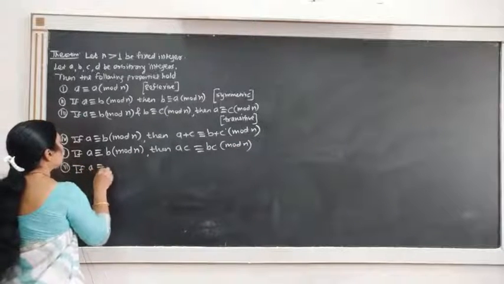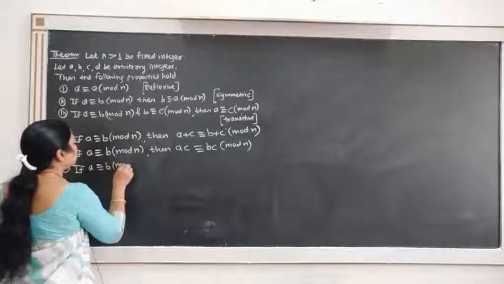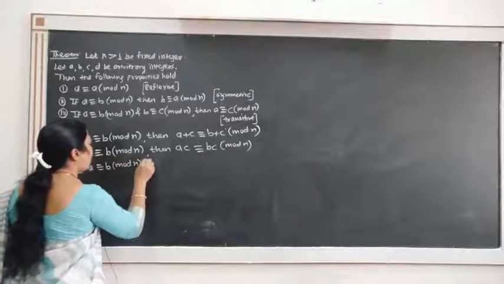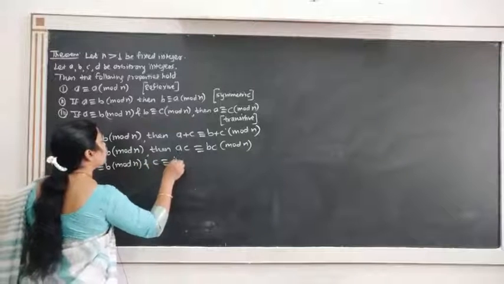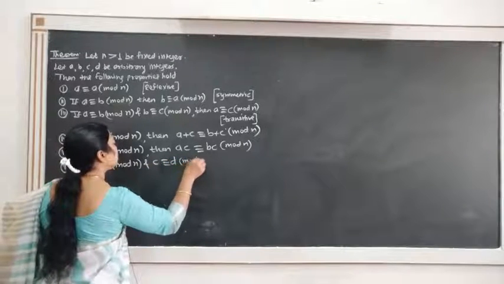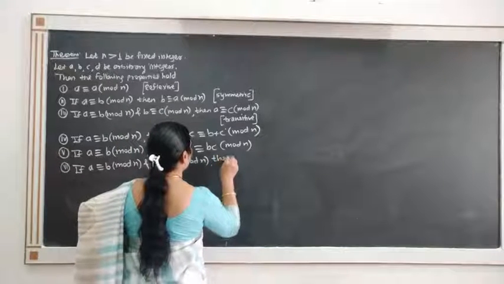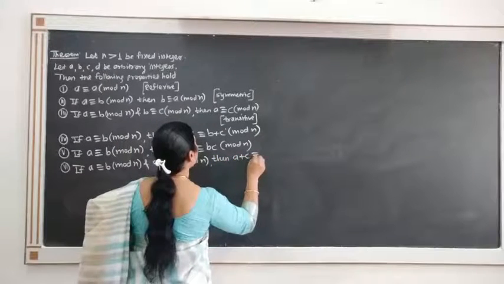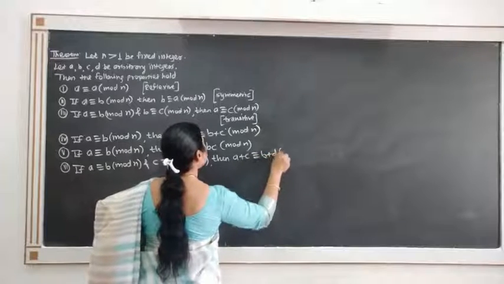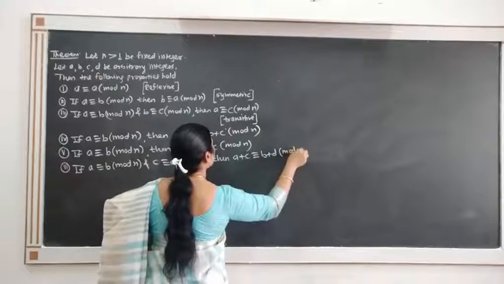If a is congruent to b mod n and c is congruent to d mod n, then a plus c is congruent to b plus d mod n.